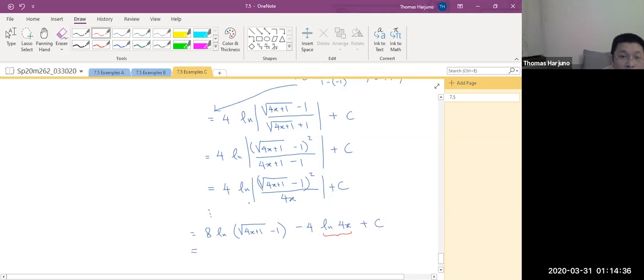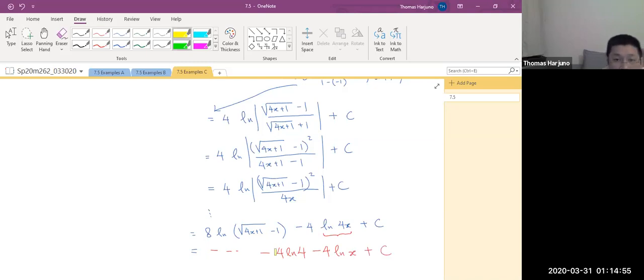Of course, we need some reason. The reason is that 4 ln 4x is 4 ln 4 plus 4 ln x plus a constant, right? Now this is actually a constant, combined together with that constant it gives you another constant.